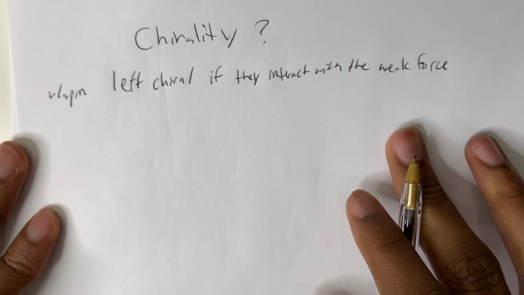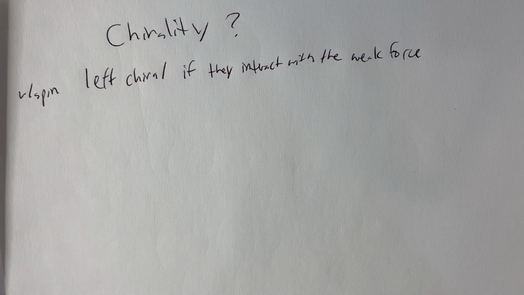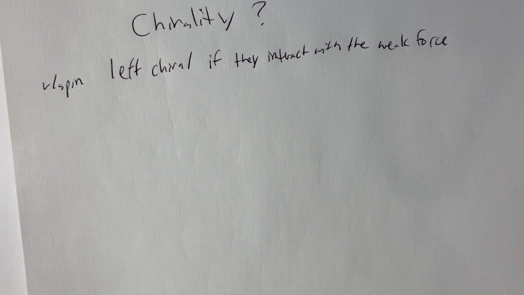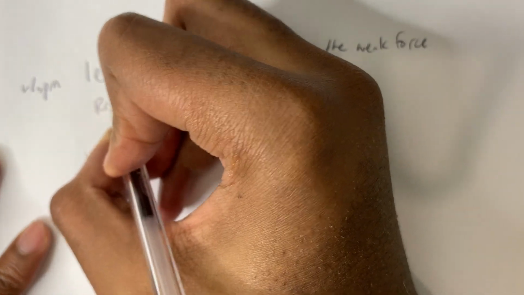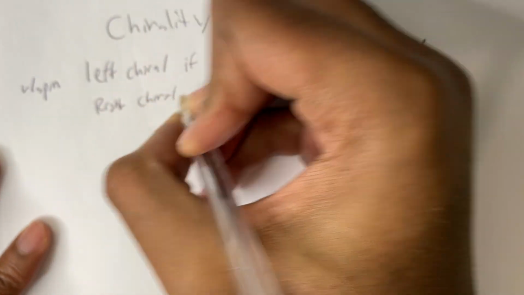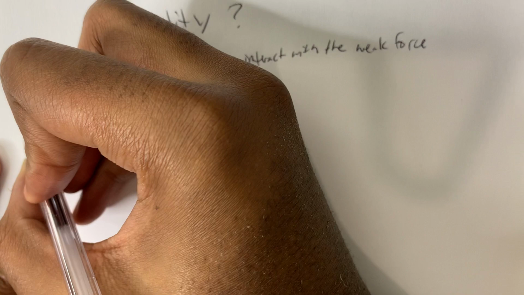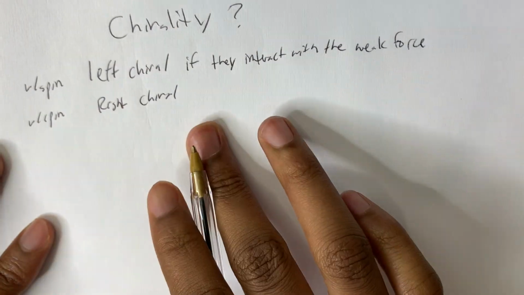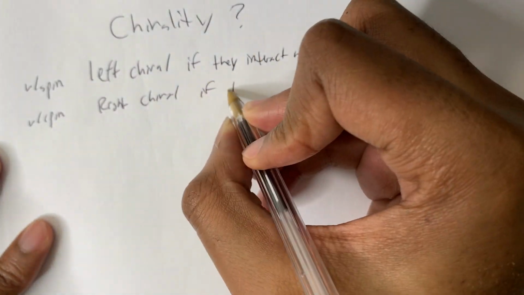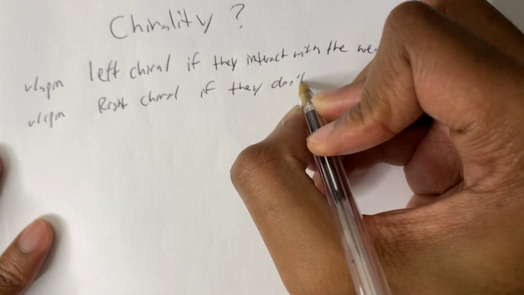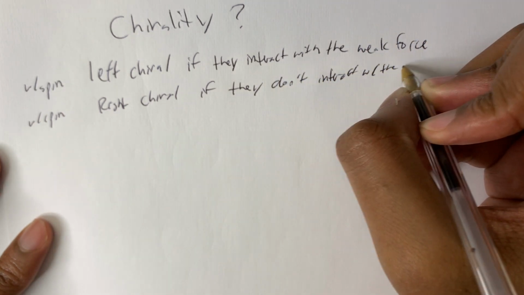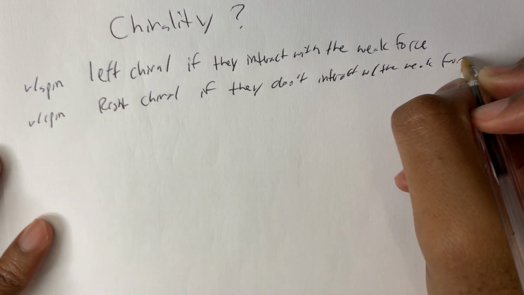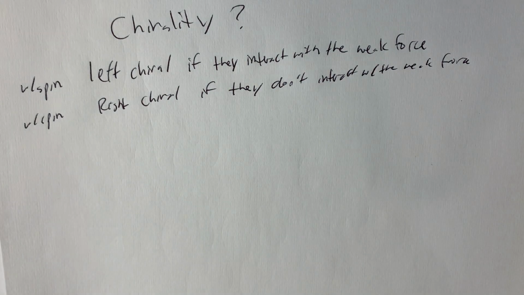So they undergo weak interactions. That's what left chiral means. Now, right chiral: particles with spin are said to be right chiral if they don't interact with the weak force. All right, that's just what it means.